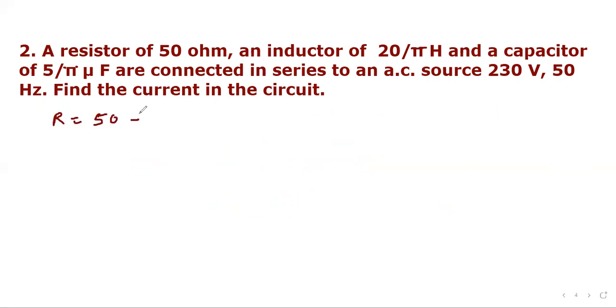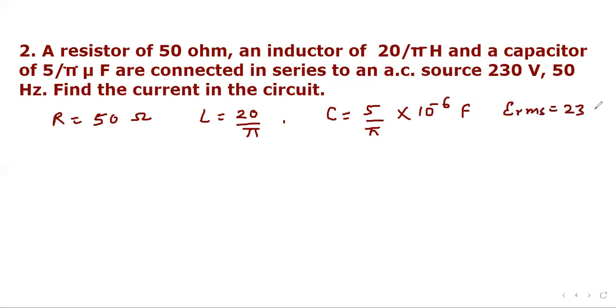R equal to 50 ohm, L equal to 20 upon pi Henry, and C equal to 5 upon pi into 10 to the power minus 6 farad, and ERMS is given as 230 volt, frequency is given as 50 hertz.